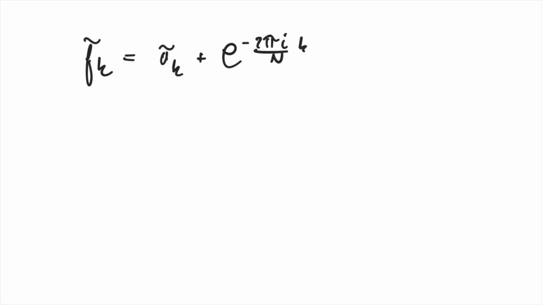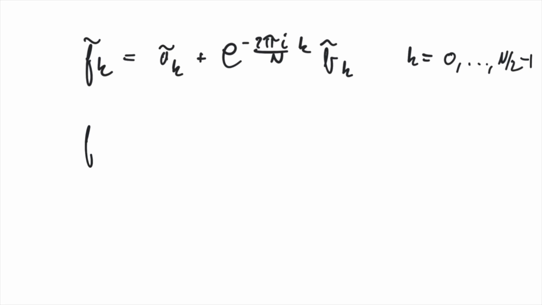So to compute fk, we have to do ak plus the twiddle factor e to the 2 pi i over n times k, times bk, and this is going to be alright for k from 0 up to n over 2. Of course, I'm assuming everywhere that n is even.